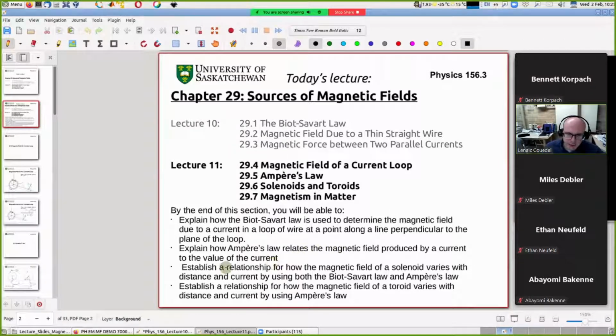Establish a relationship for how the magnetic field of a solenoid varies with the distance and current by using the Biot-Savart law and Ampere's law. And finally, establish a relationship for how the magnetic field of a toroid varies with distance and current by using Ampere's law. So for now, it sounds obscure, but you will understand by the end of this lecture. So let's jump into it.